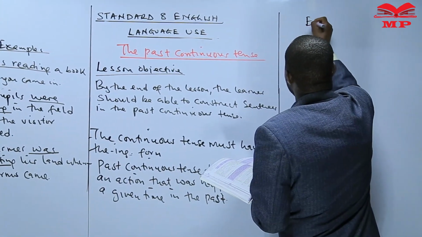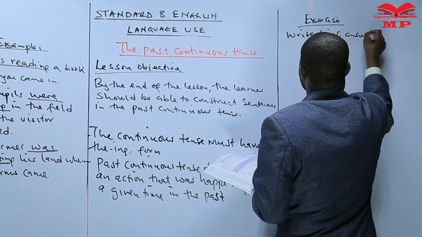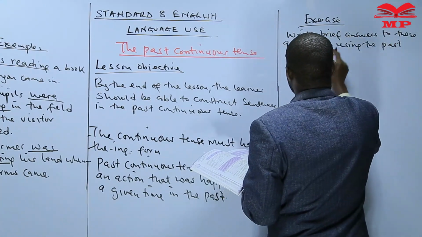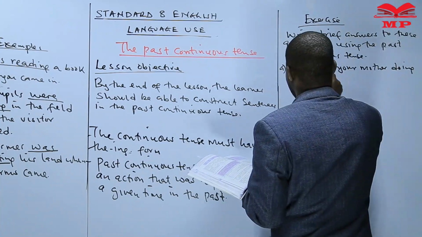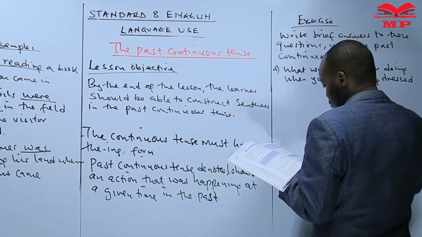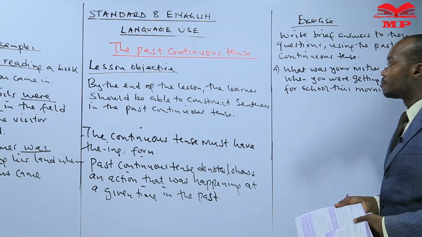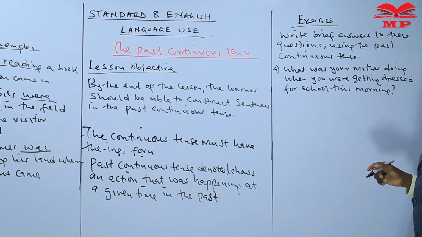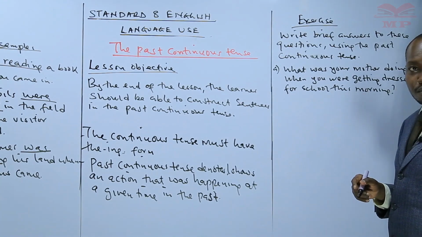So this exercise. Attempt number 1 together. It says this: write brief answers to these questions using the past continuous tense.